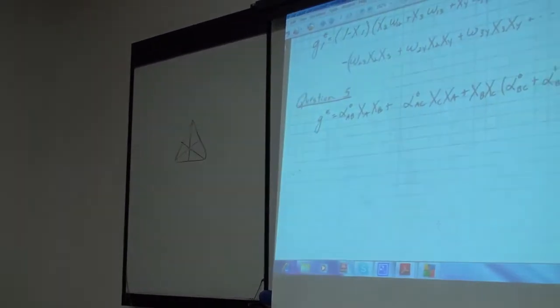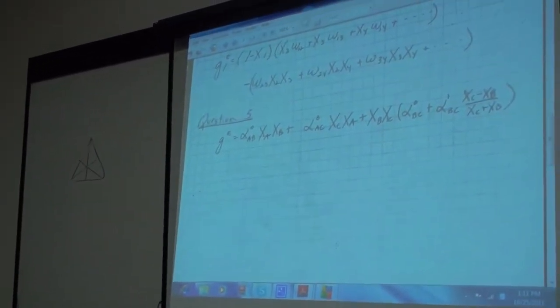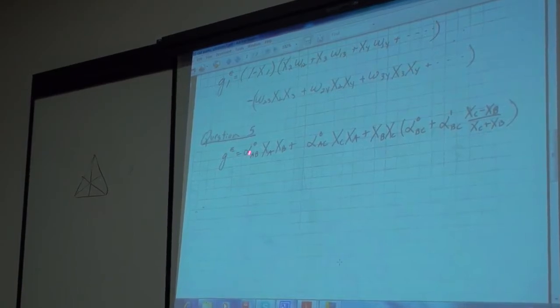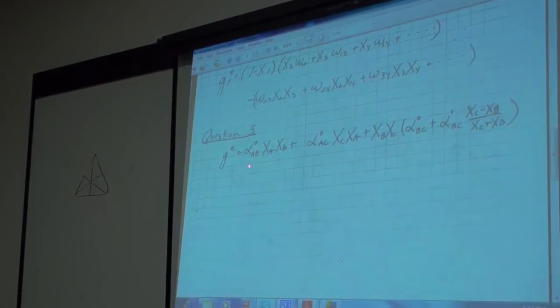This is very straightforward then. So GXS is alpha. The AB system is regular, so it's just alpha AB. The CA system is also regular, so it's alpha AC.